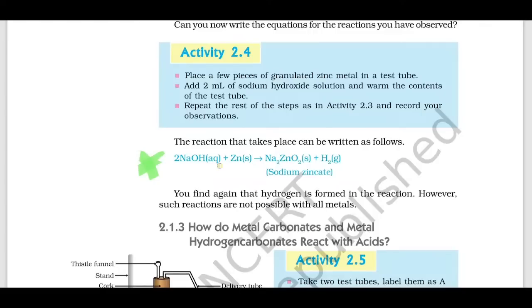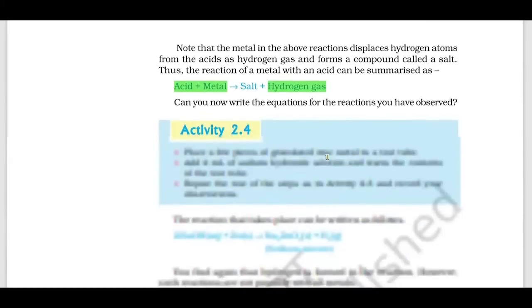Or name the product formed when zinc reacts with sodium hydroxide. The answer is sodium zincate, Na2ZnO2, with release of hydrogen gas.